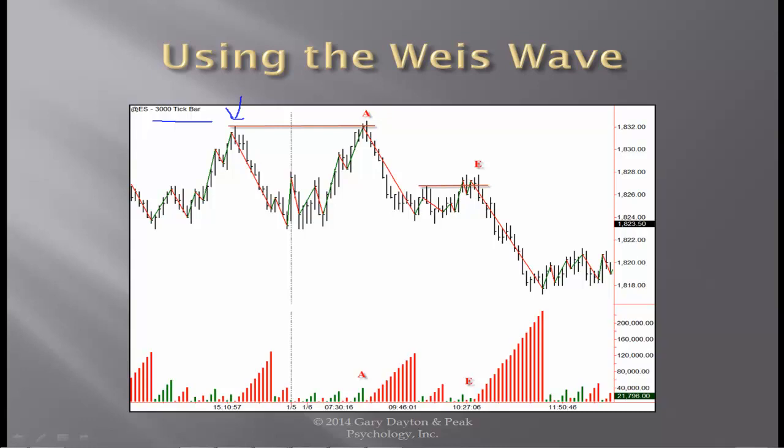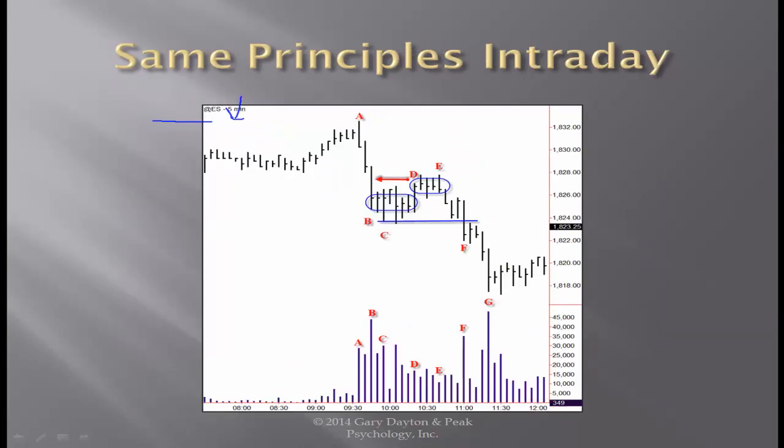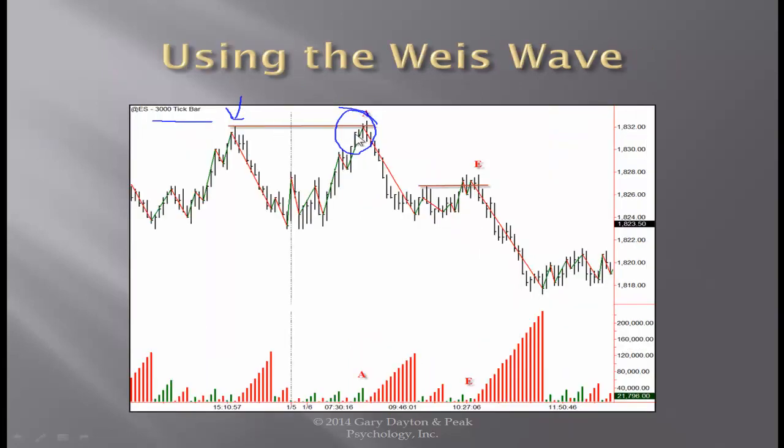Knowing that, back here, if we go back, knowing that this is occurring here against yesterday's high is very nice. And what we use the Weiss wave for, a number of different things, and I'll talk more about it on Saturday, but one of the things is that it tracks the waves in the market.